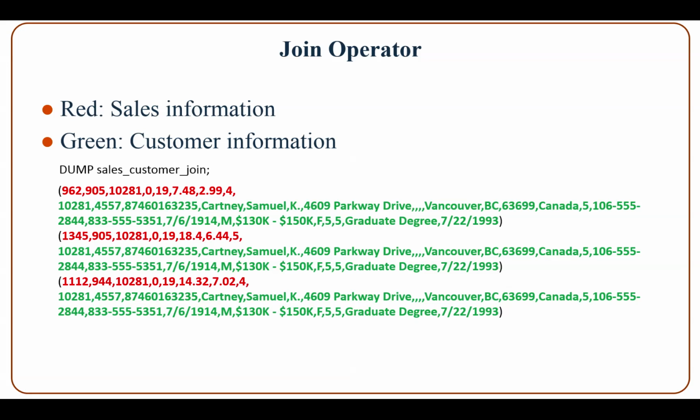If I dump the result using the dump sales customer join statement, then what I see would be something like this. Each tuple here contains information from both relations. The red elements are the information from the sales table, and the green elements are the information from the customer relation.